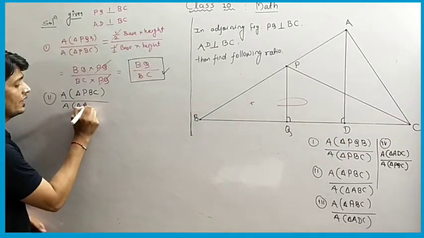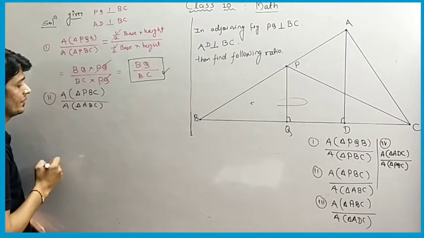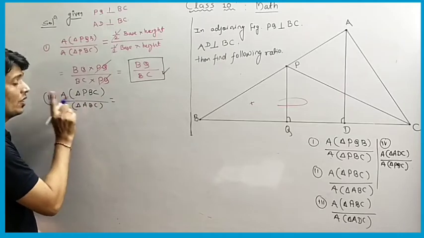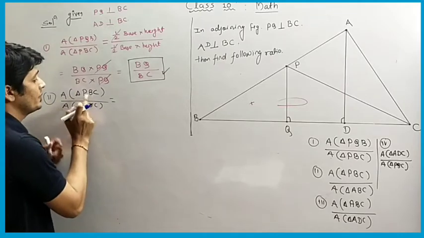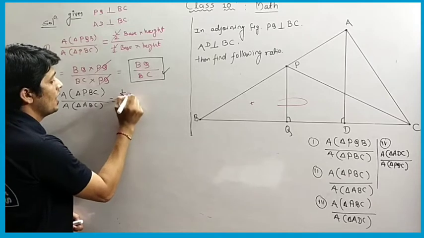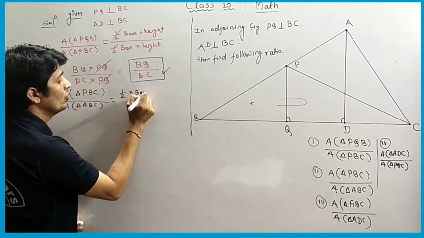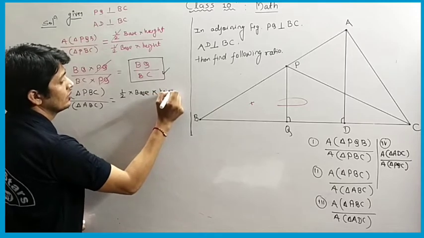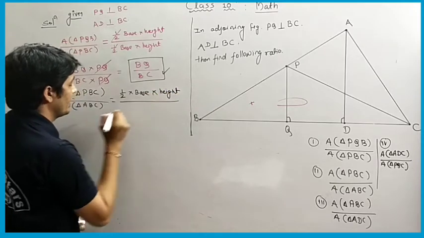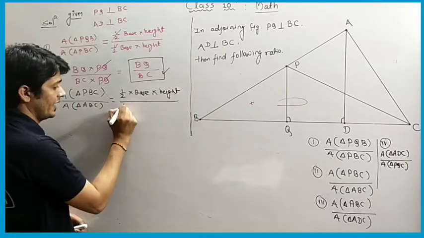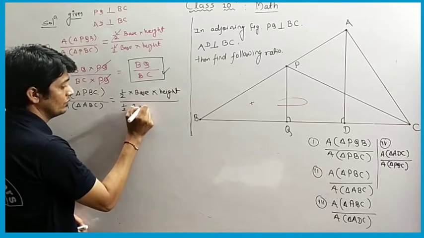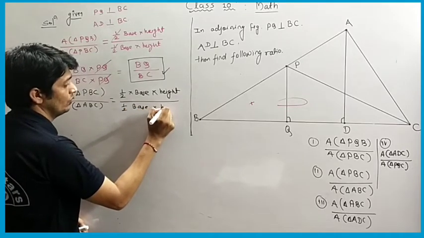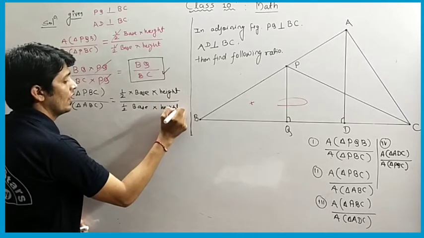Area of triangle ABC. So area of triangle PBC will be half into base into height, divided by the area of this triangle, which will again be half into base into height.